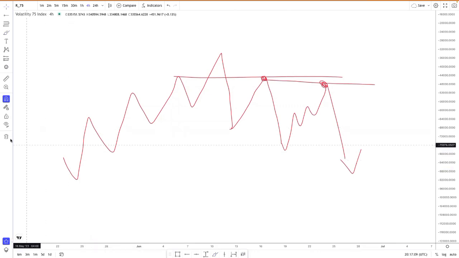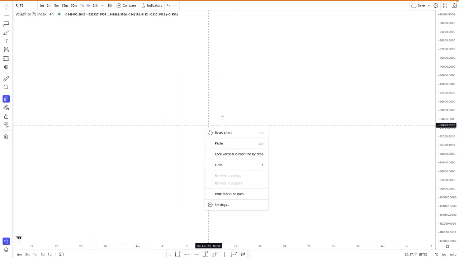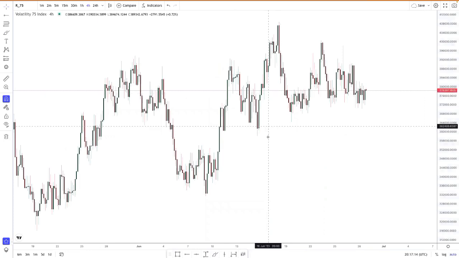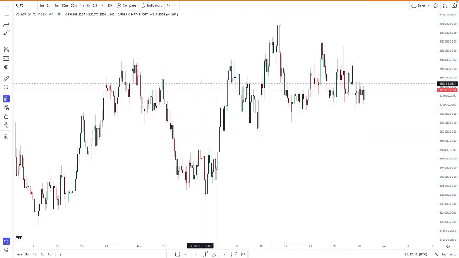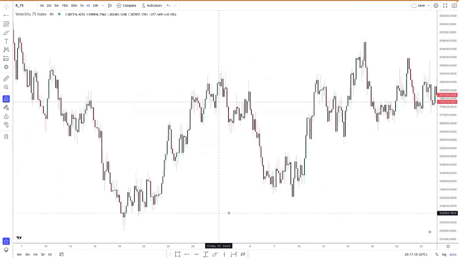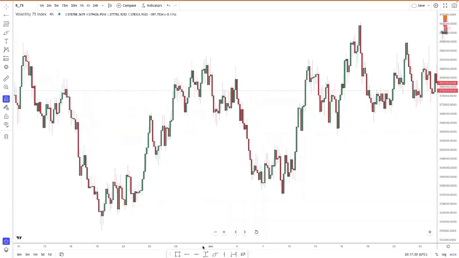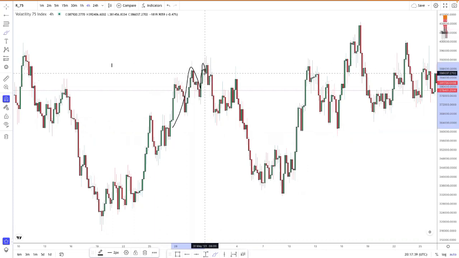Yes. Let's try to check out some live examples on the new invalidation. We have this example right here, whereby we were making highs, okay, and we had our invalidation.